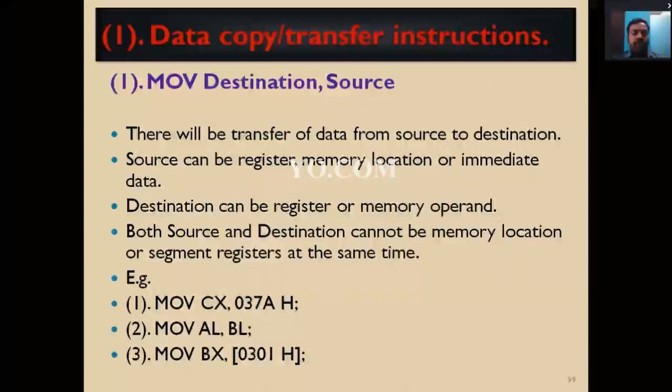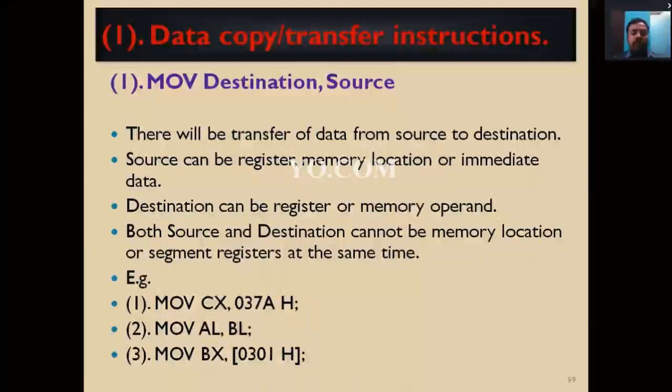See the example: MOV CX, 037AH. That is, 037AH is going to be moved to CX. Similarly, MOV AL, BL means the BL register has some data, and that data is moved to AL.